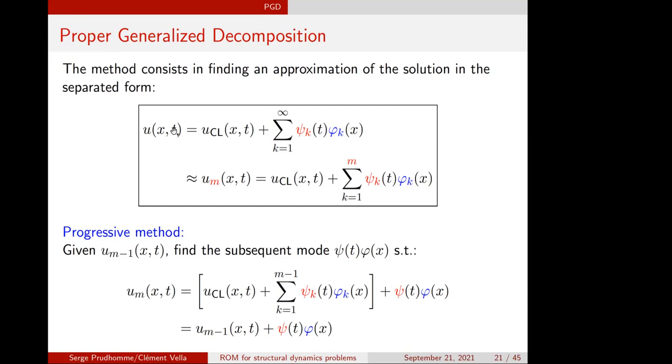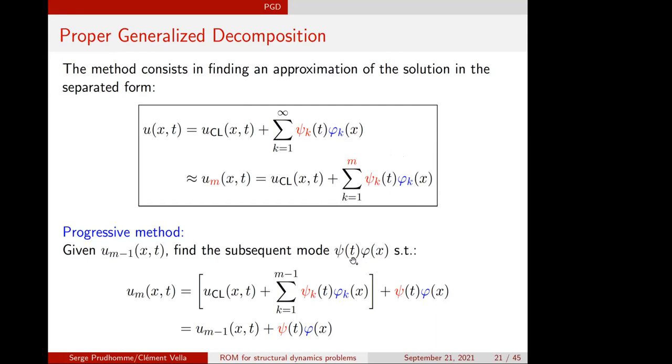Anyhow, what we want to find are those modes on the fly. We want to construct those modes, and we can use a progressive method. Basically, once we know Q_{m-1}, we simply want to find the next mode, psi, phi.